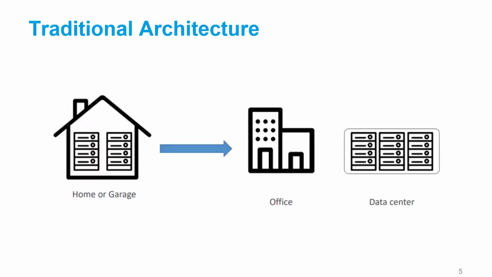Okay, so let's talk about the traditional architecture before the cloud word. Normally companies or candidates used to have their own setup at home or in garage space. Once technology expanded, they moved into an office. They bought a data center and placed their servers, like compute servers. When I say compute, think of it like your computer system.